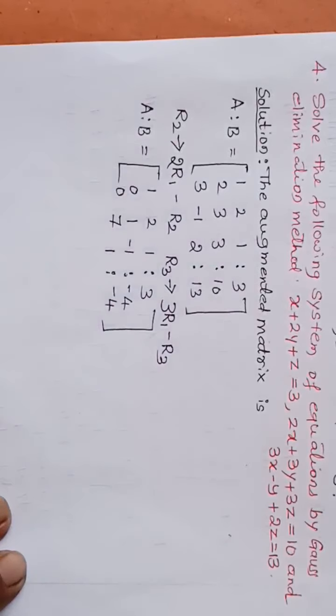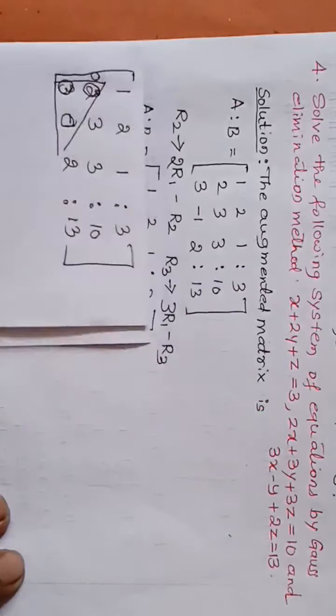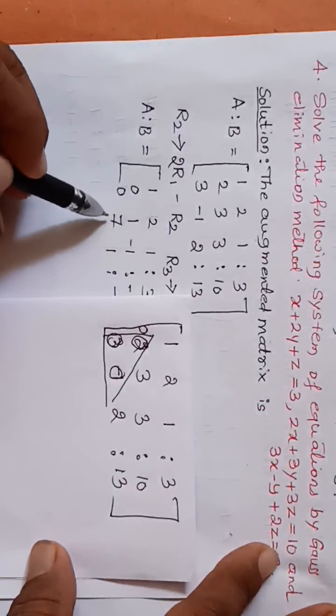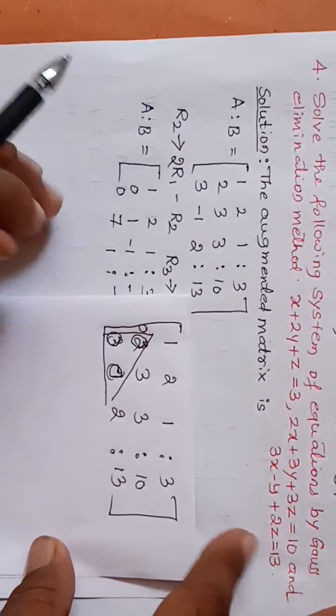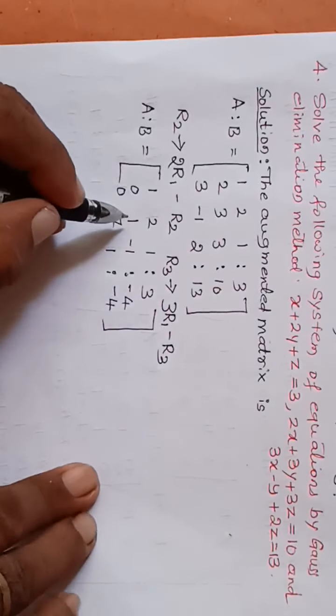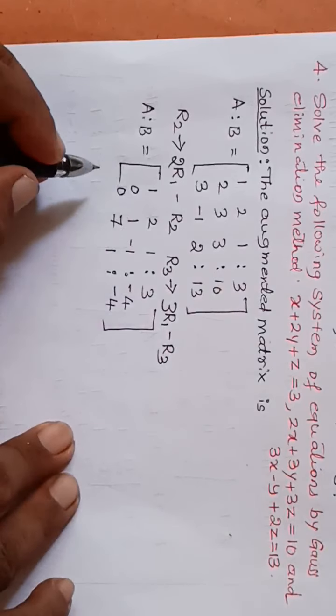Next we have to make this one 0 as well; three zeros are required. It is simple now because 1 is there.